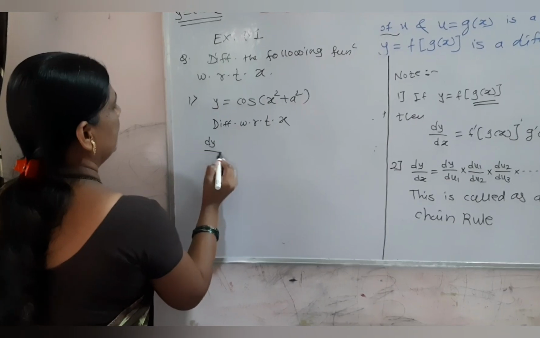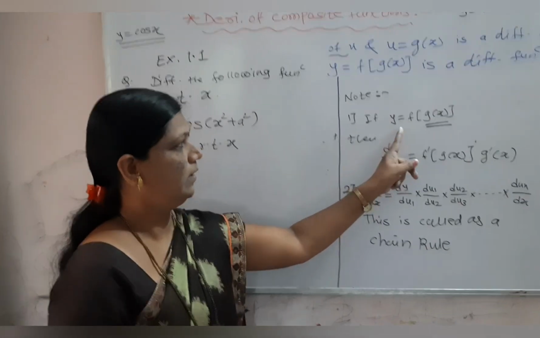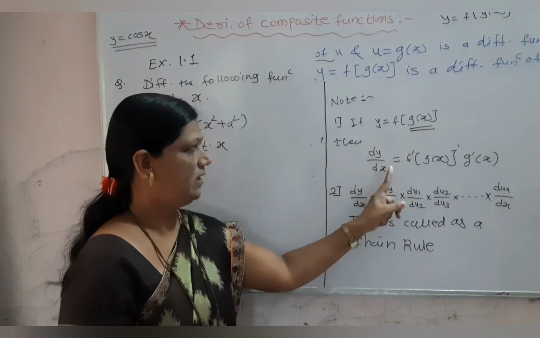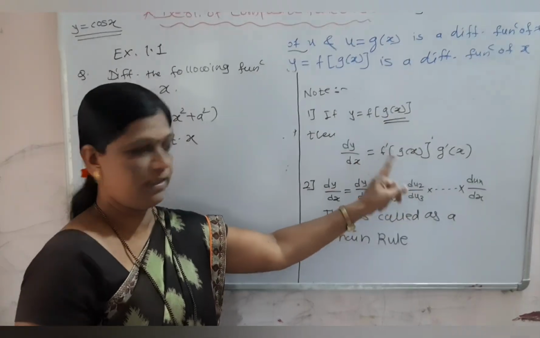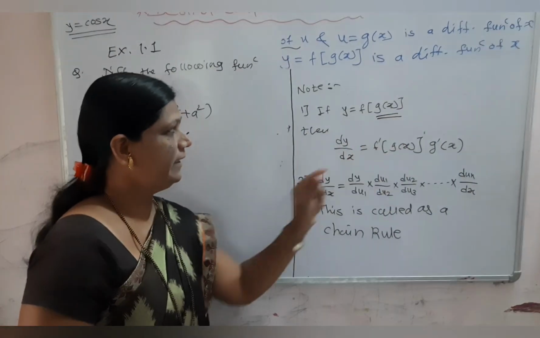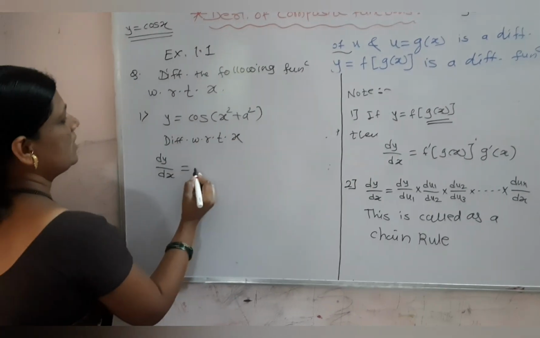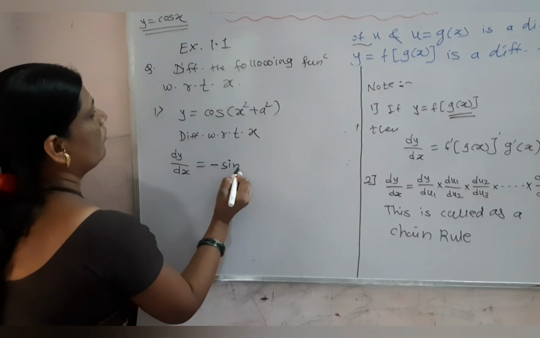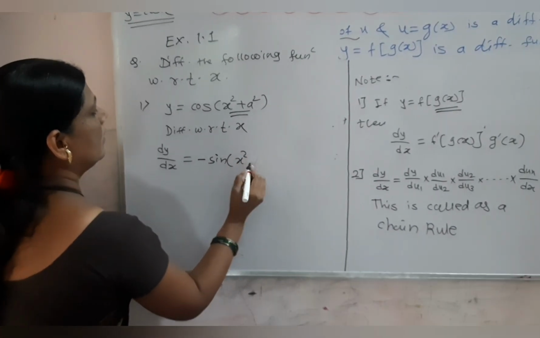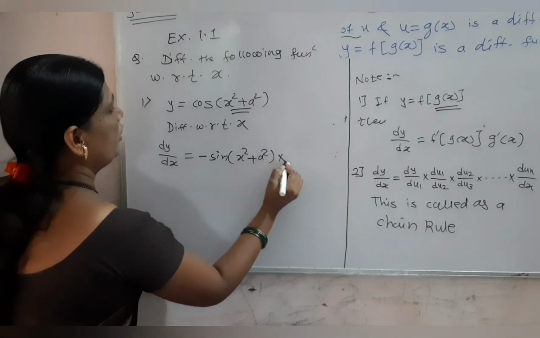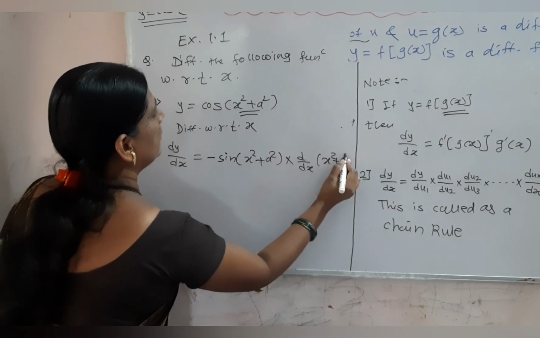So dy by dx is equal to, now by the first note, if y equal to f of g of x then dy by dx equal to f dash g of x, keep it as it is. Take the derivative of the function of x. The derivative of cos is minus sin of this function as it is, minus sin of x square plus a square, into d by dx of x square plus a square.